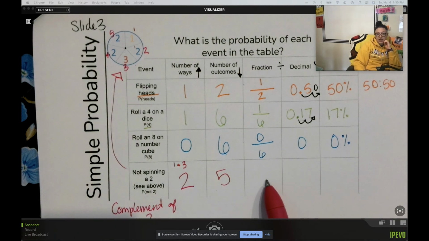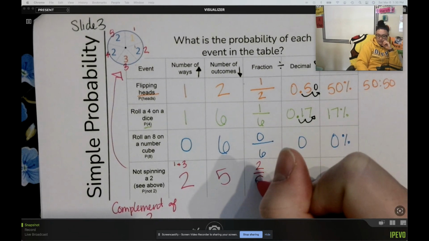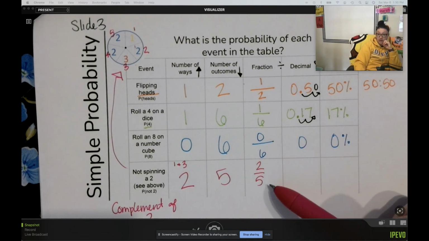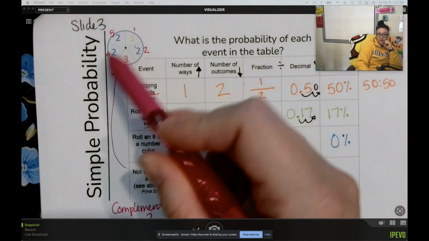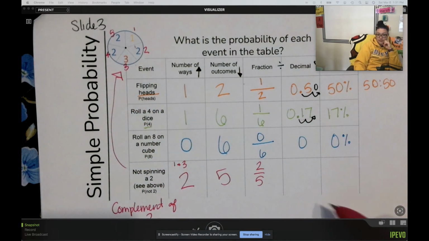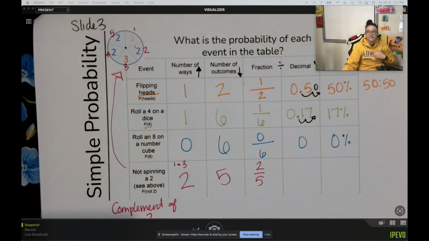So what would be the fraction of not spinning a 2? The fraction probability? 2 out of 5. 2 chances out of 5 total numbers on the spinner. What's 2/5 as a decimal? Use your calculator.